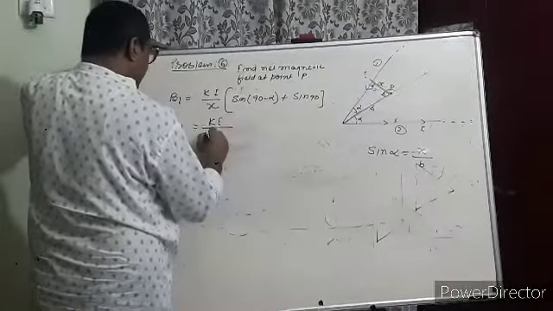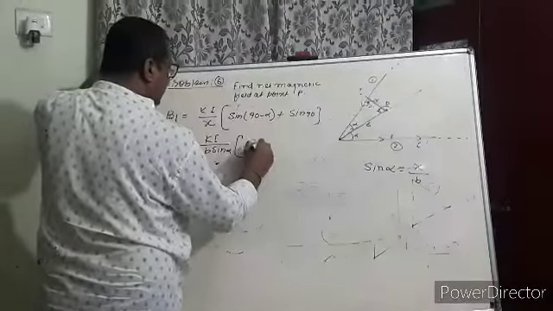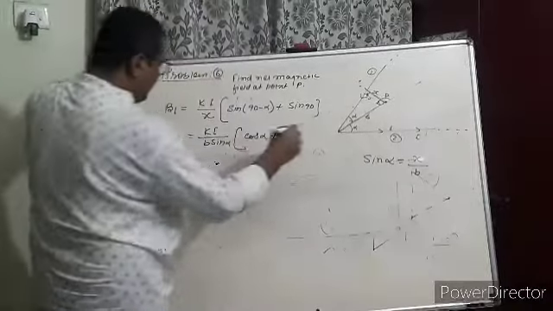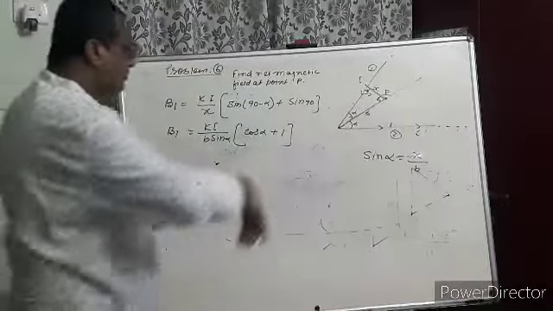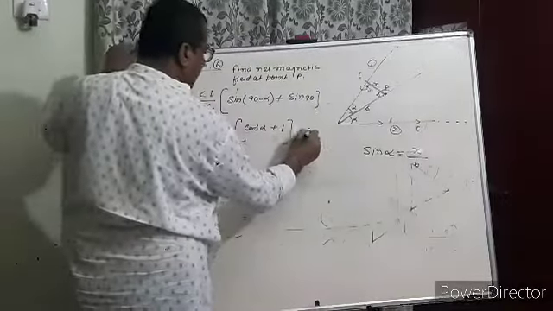Sin of 90 minus alpha is cos alpha, and sin 90 equals 1. So we have calculated this, and the magnetic field due to the straight wire is outward.